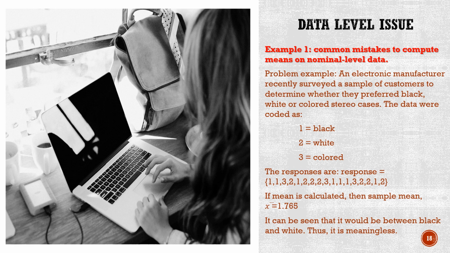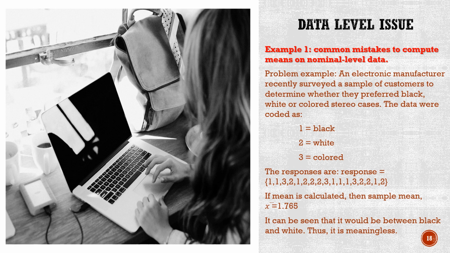Let's say that if you do not understand the data hierarchy well, most probably you will be calculating the mean or the average. Why? Because you will be getting these values and you are treating them as numerical. So when you calculate the mean value here, you'll get 1.765.